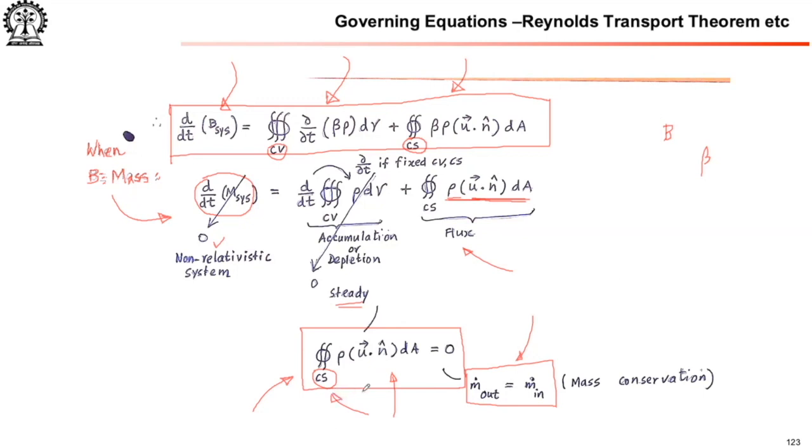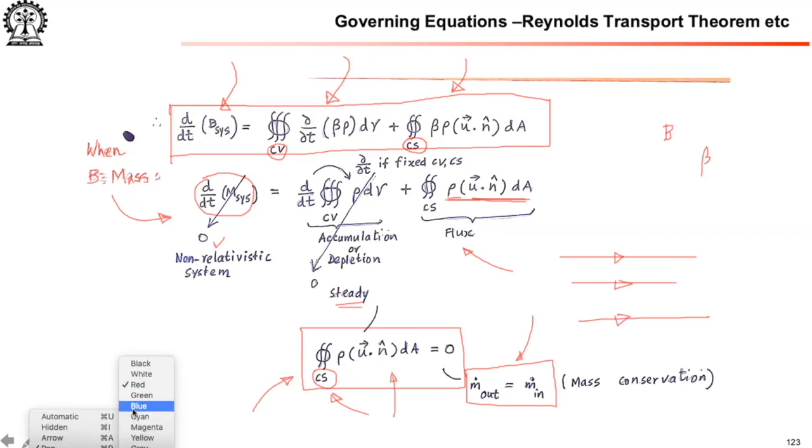However, if you are able to choose your control volume wisely, for example, you have flow like this. Of course, you can choose your control volume in whatever way you like, but you will see that the choice of the control volume in some particular ways can really help you to go from this vector calculus kind of expression to algebraic expressions in a single step.